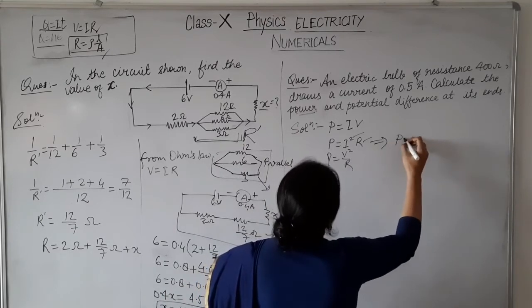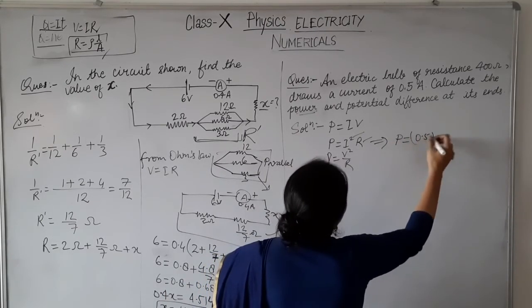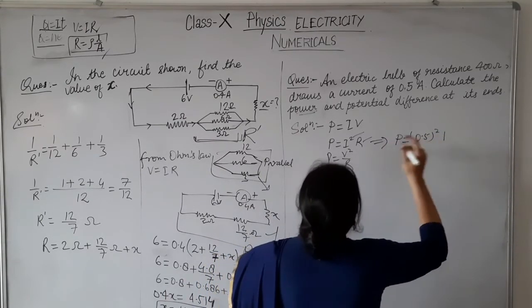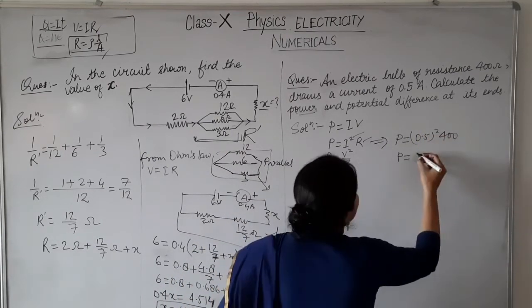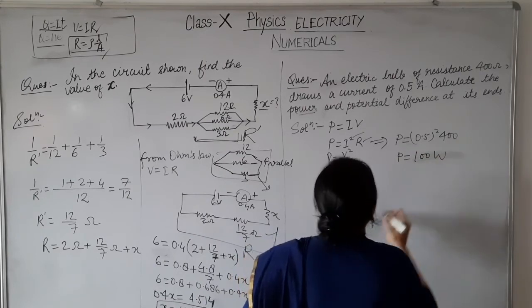P is equal to I square R, means 0.5 square times the resistance given, which is 4, so P is 1 watt.